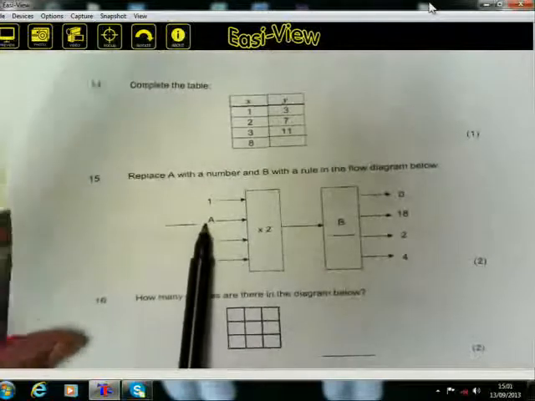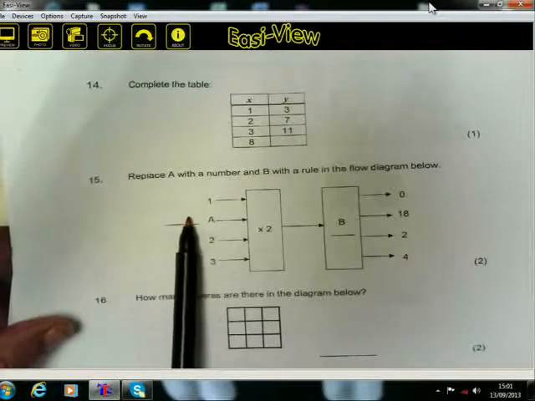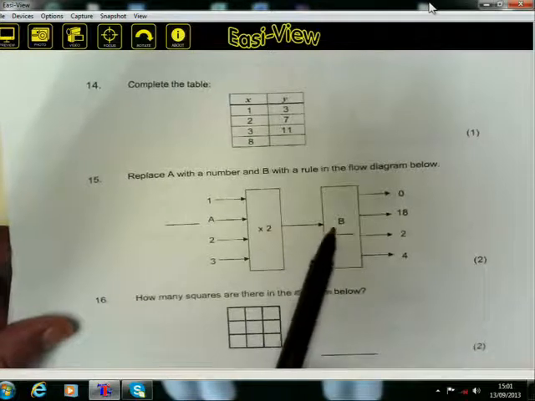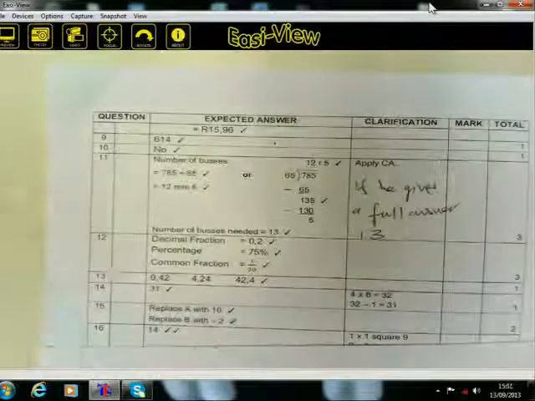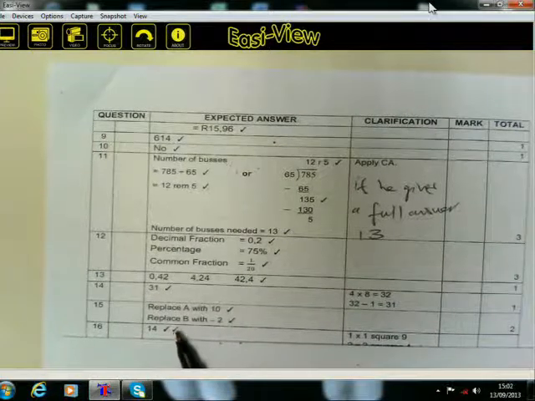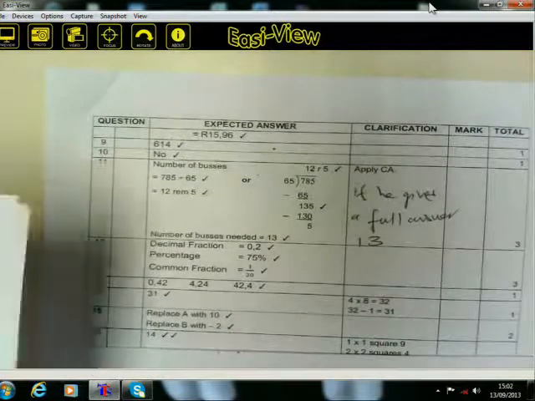If you replace with 10 here, you can see that 10 multiplied by 2 is 20. 20, you minus 2 is 18. So the learner must write 10 or 2. Okay, let's go to the next question there.